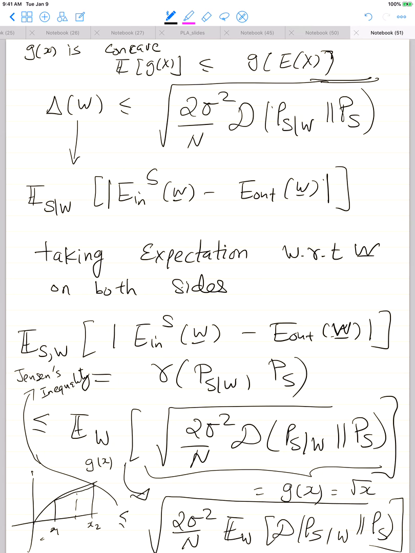So this gives me finally, now the left hand side when I take the expectation was this gamma term that I wanted to bound.